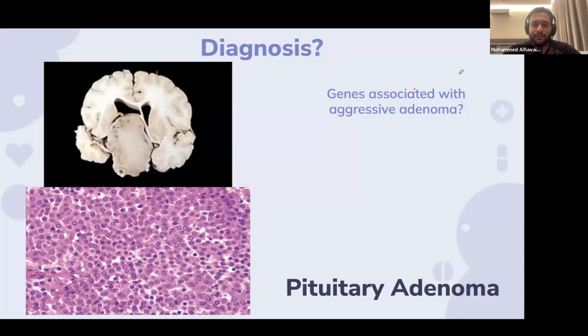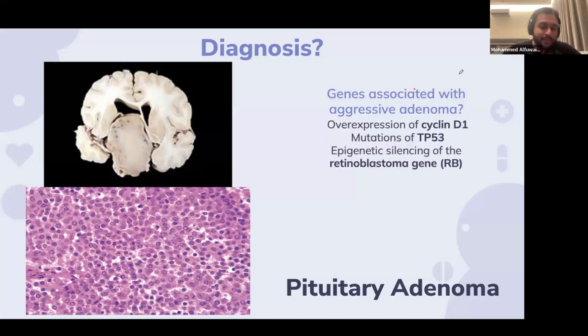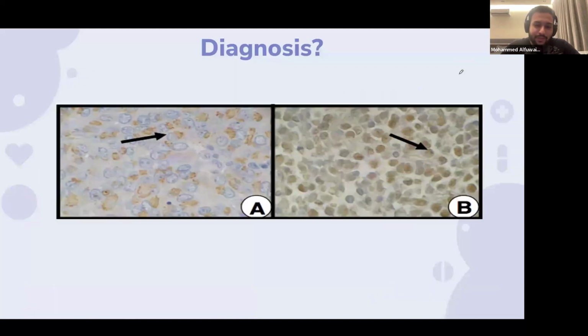Okay, perfect. So you have overexpression of cyclin D1, mutations of p53, and an epigenetic silencing of the retinoblastoma gene. Now, which one is associated with rare carcinomas? There's one more. HRAS, perfect. Memorize the genes in this block, guys. These genes are very important.